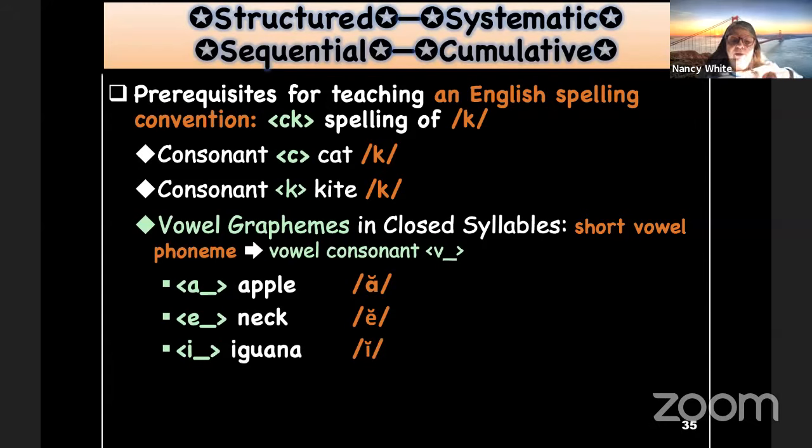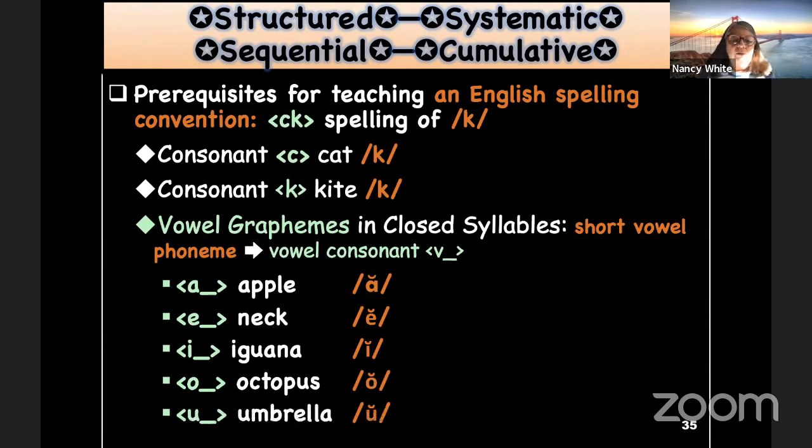I can't see you, but just assume that I can. So write it: I consonant, iguana, /i/; O consonant, octopus, /o/; U consonant, umbrella, /u/. Since this is the grapheme that you use to spell the phoneme /k/ when it comes immediately after a short vowel sound, they need to know what those short vowel sounds are.